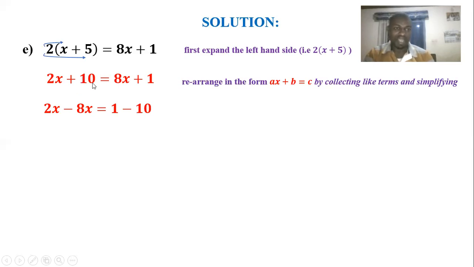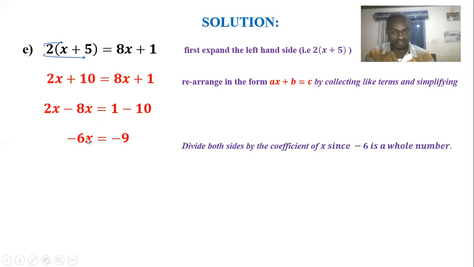And we add the additive inverse of 10 on both sides, that is subtracting 10 on both sides, giving us 1 minus 10. Simplifying gives 2 minus 8 is -6, and 1 minus 10 is -9. So -6x is equal to -9.